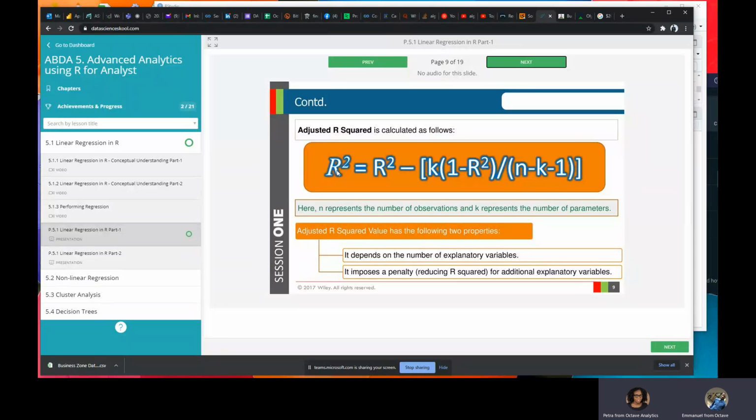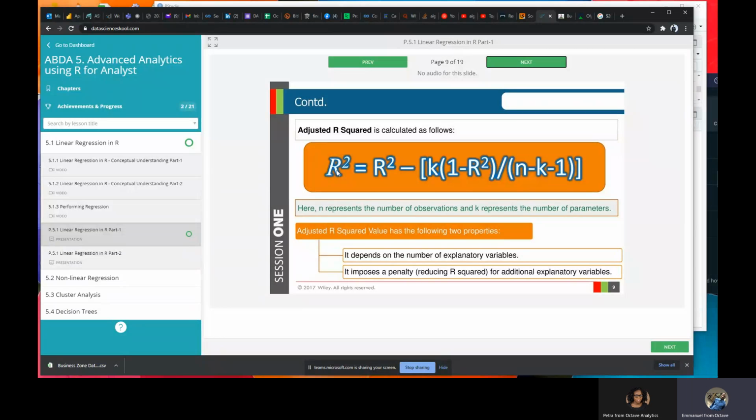And we have the forward process, whereby I will start with one variable at a time. I'll start with a variable that has a strong correlation with the dependent variable, or the response variable. I will start adding new variables into the model based on the adjusted R squared.